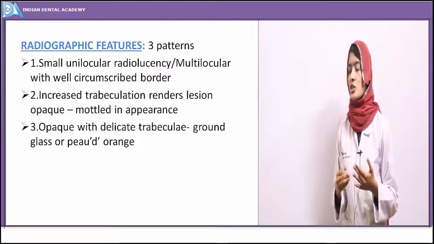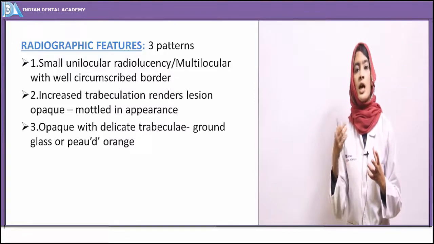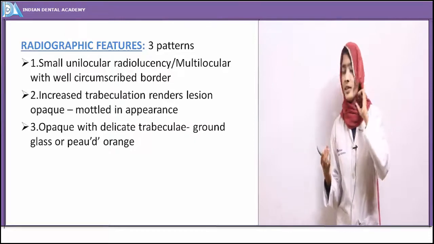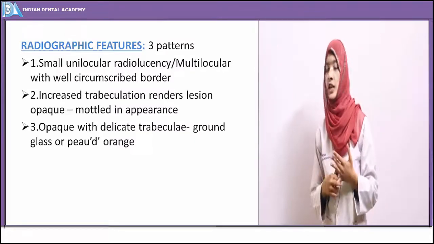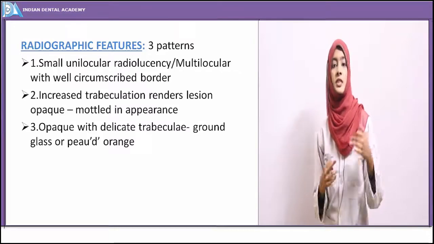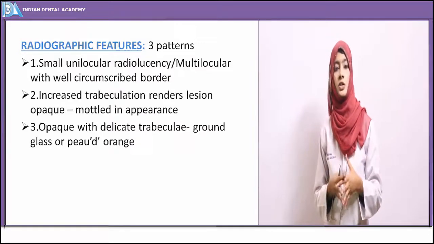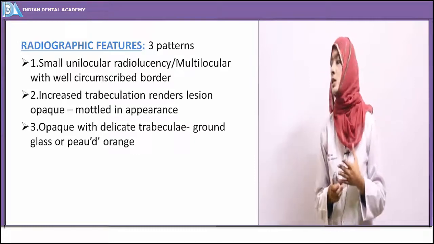In later stages the trabeculation is increased and the lesion appears radiopaque, with a mottled appearance. Initially you see a unilocular lesion with a well circumscribed border. Then the trabeculae become more coarse, increase in number, and are more disorderly arranged, giving a mottled appearance.